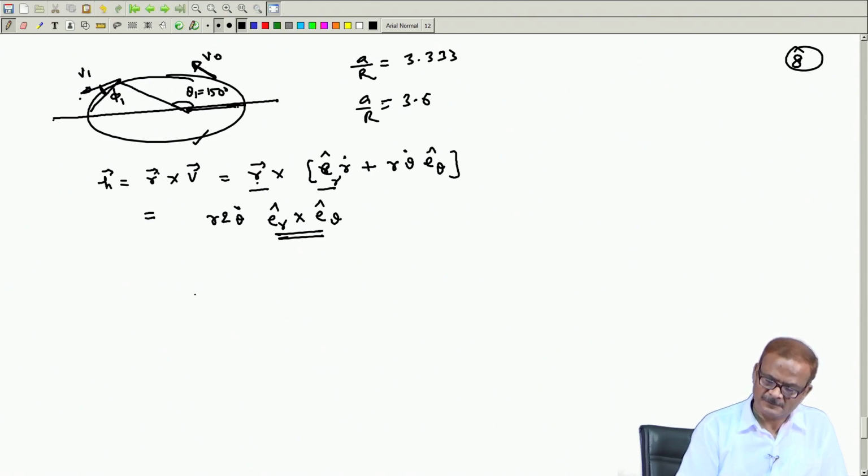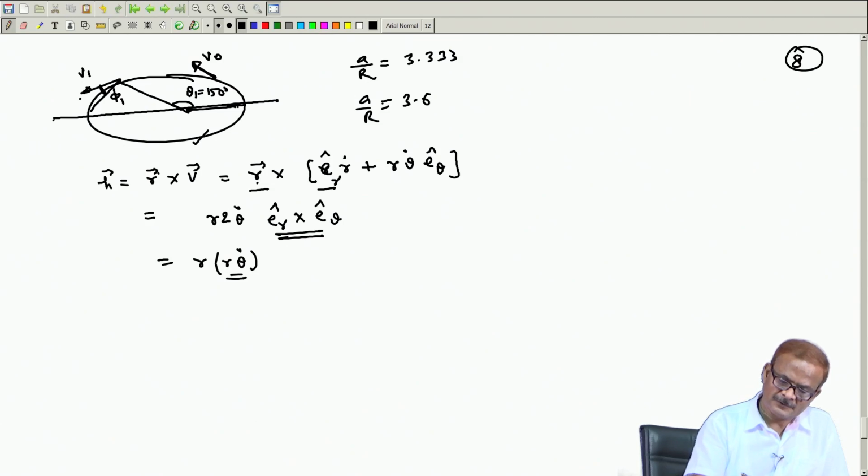and this vector will be nothing but perpendicular to the orbit which is shown here. And what is this quantity? This is nothing but r times r theta dot, and r theta dot is the velocity component along this direction. So, this is r times theta dot at this position.